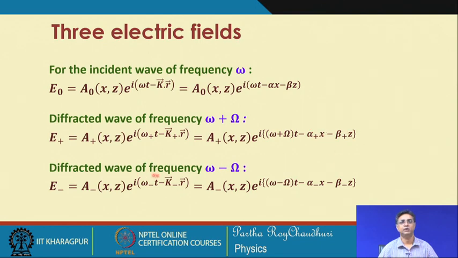And in the same way, you have the diffracted wave of the other frequency, which is given by this, and in this case you will have the x and z components of the propagation vector, which are given by alpha minus and beta minus. So, these two are similar terms, and this represents the incident wave.